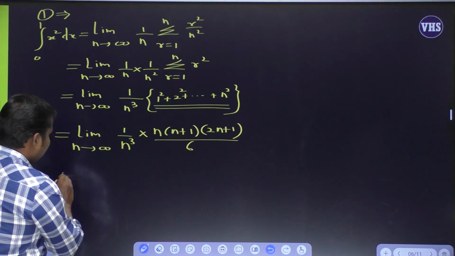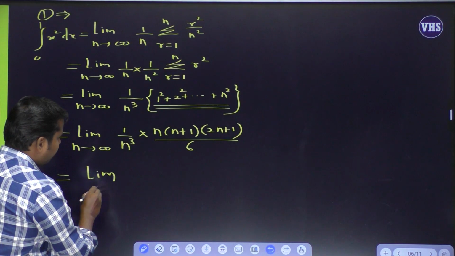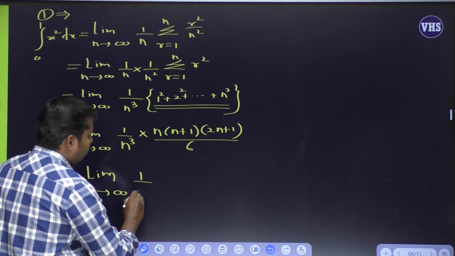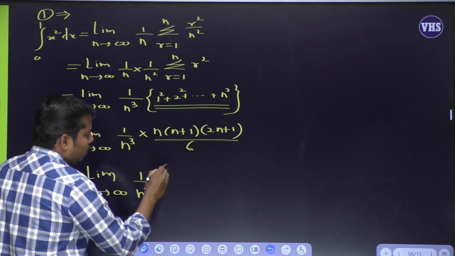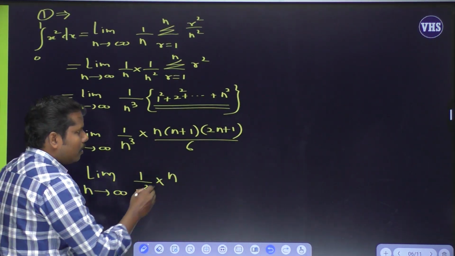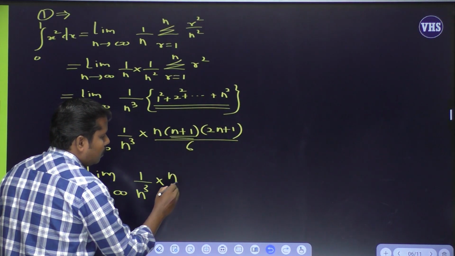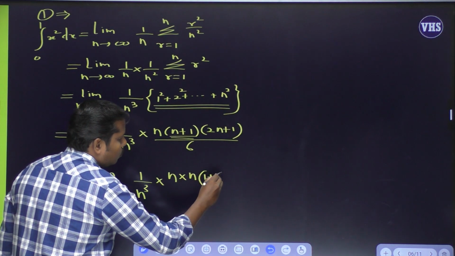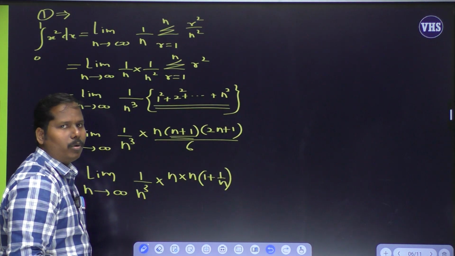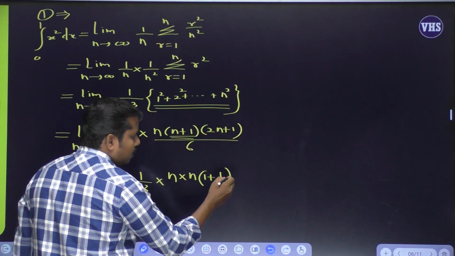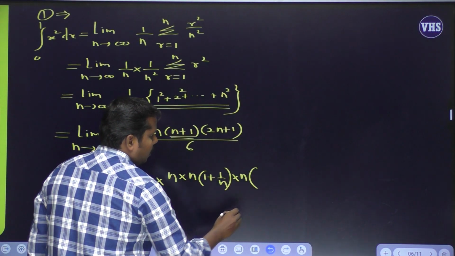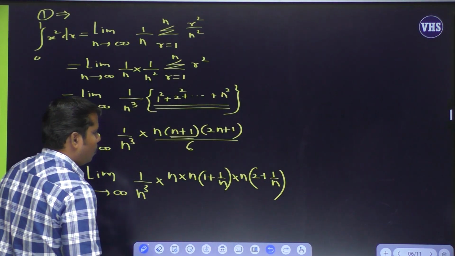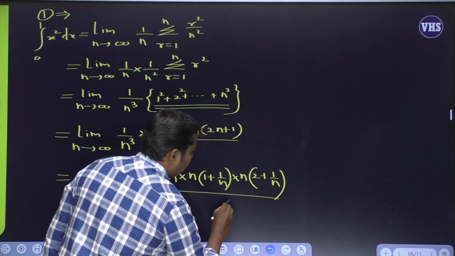So limit n tending to infinity 1 by n cube into, already one n is there, keep it as such. From this factor take n outside: n into 1 plus 1 by n will come up. Similarly, from the second factor take one more n outside, and here you are getting 2 plus 1 by n, whole divided by 6.